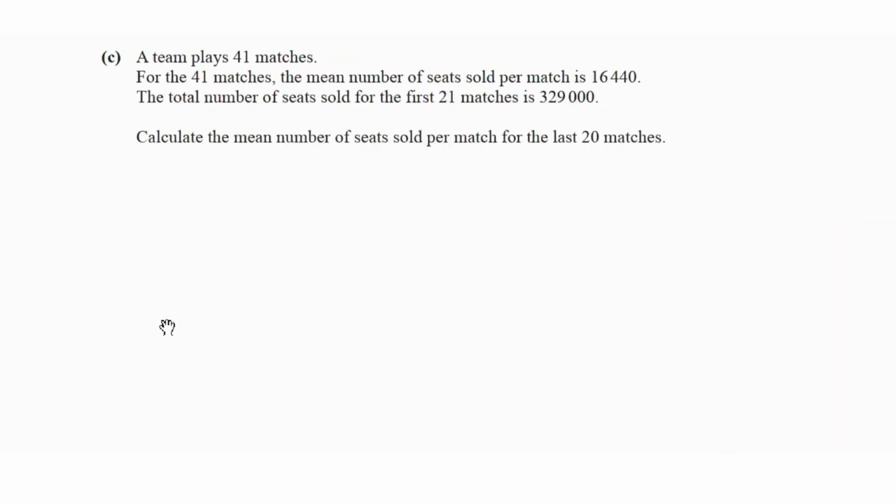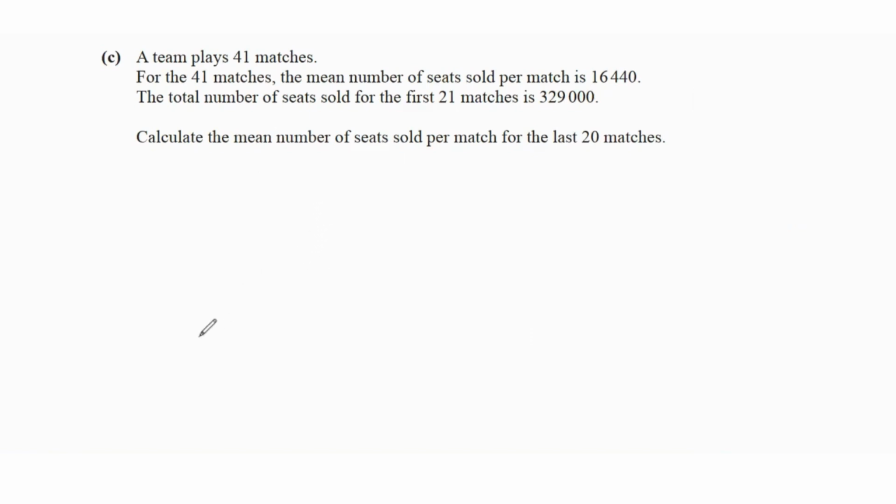Part C says the team plays 41 matches. For the 41 matches, the mean number of seats sold per match is 16,440. The total number of seats sold for the first 21 matches is 329,000. Calculate the mean number of seats sold per match for the last 20 matches.